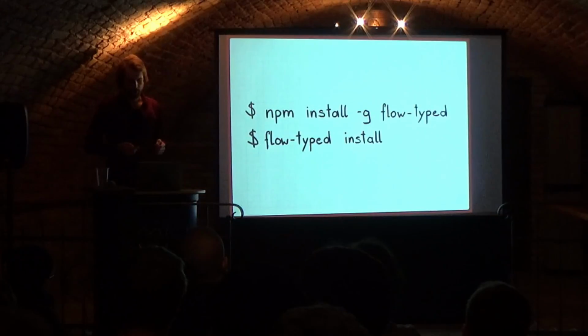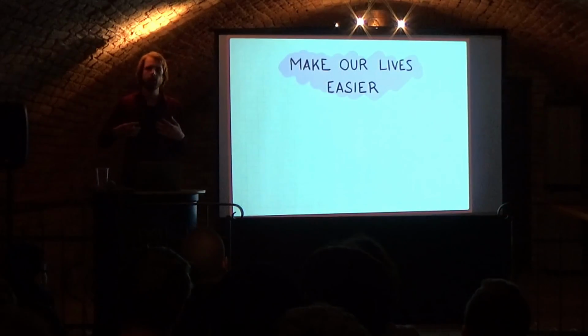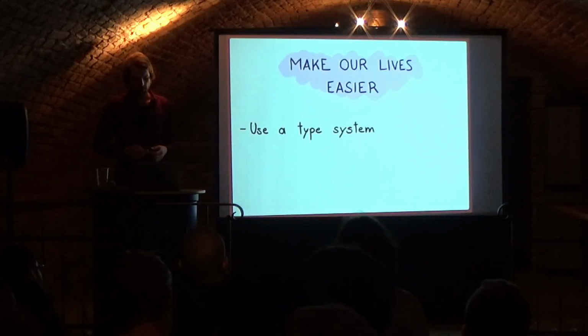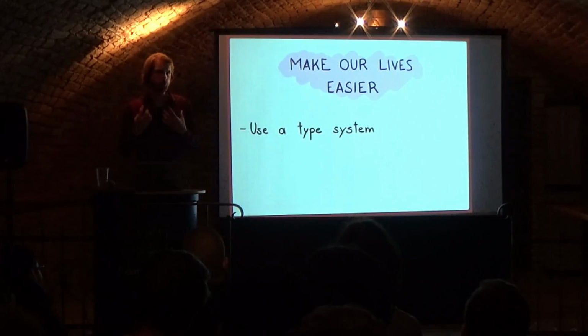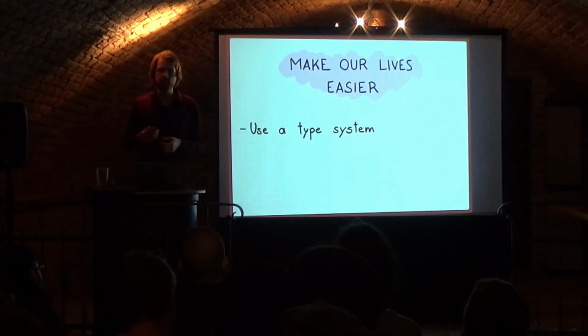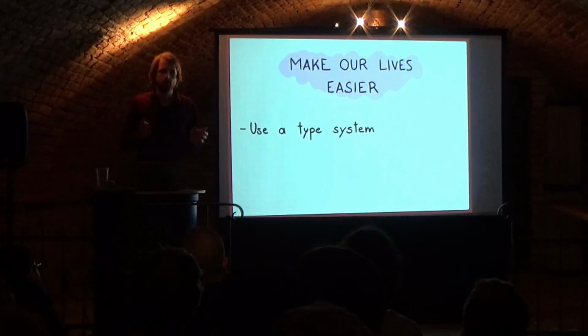Okay, so the whole gist of this talk is I want to make our lives easier, and I want you to help us make our lives easier. First of all, we should at least try, or at least dabble around with the type system. Just get a feeling for it. The nice thing about Flow is it's just JavaScript.